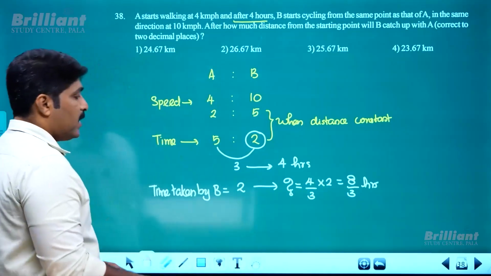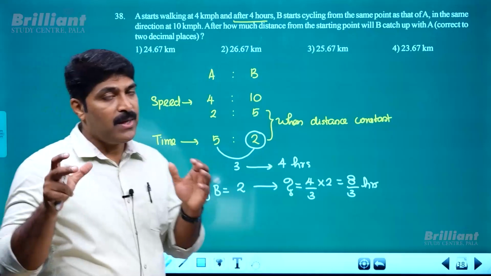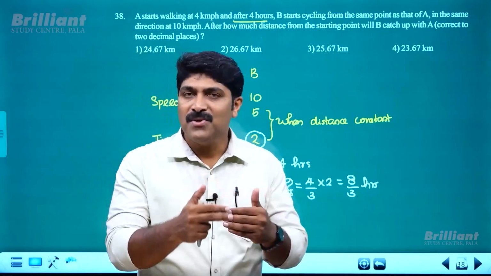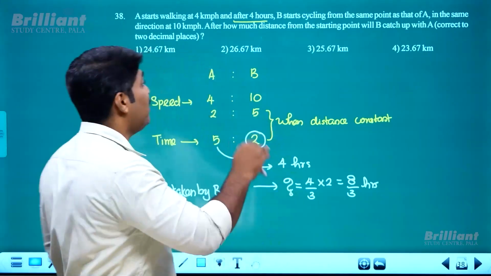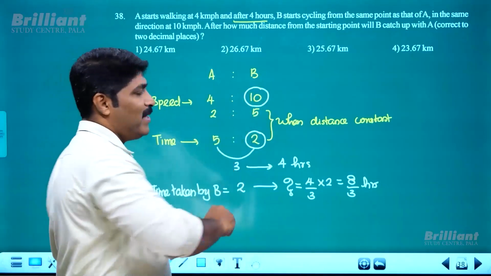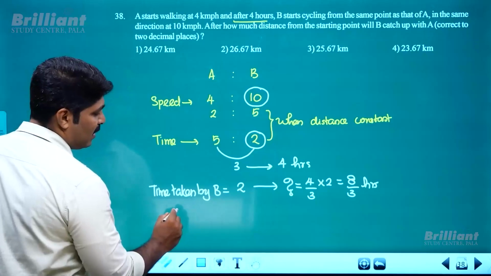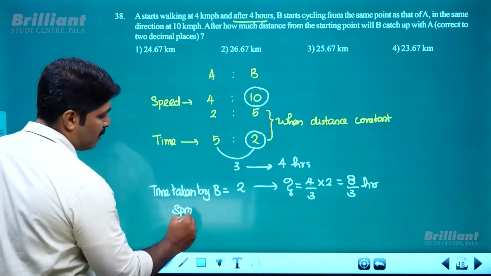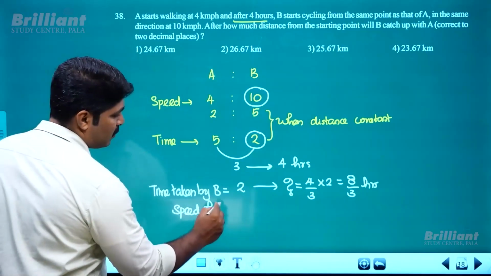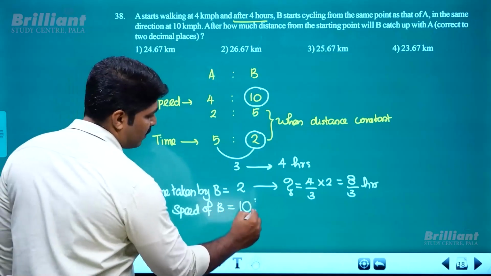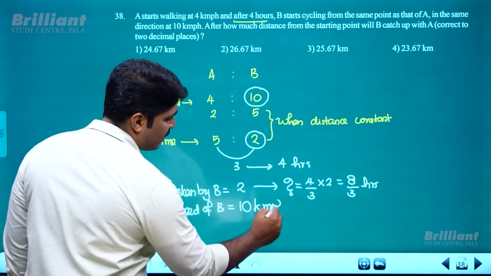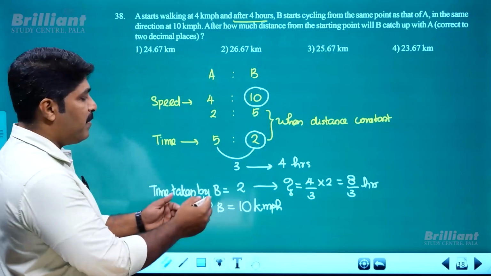So if we have the actual time taken by B for covering this distance, we have the speed of B. What is the speed of B? It is given that the speed of B is 10 km per hour. Therefore, we can easily conclude the distance.